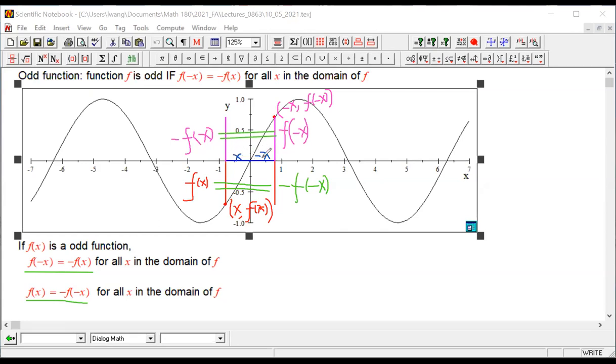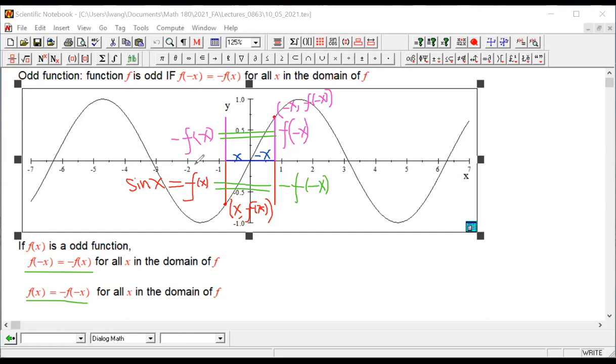If this is x, this is negative x, right? f of x now is turning into what? This is going to be sine x.